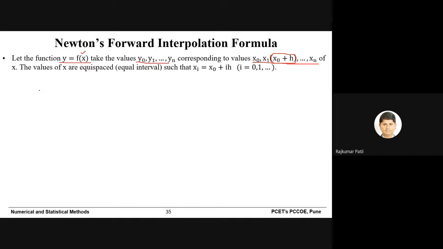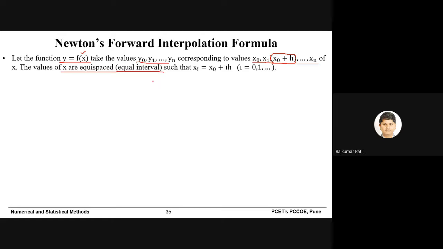Again, in Lagrange's interpolation, the values of x were not equispaced, but here in Newton's forward interpolation, x are equispaced or at equal intervals. So this is the basic difference between Newton's forward interpolation and Lagrange's interpolation.